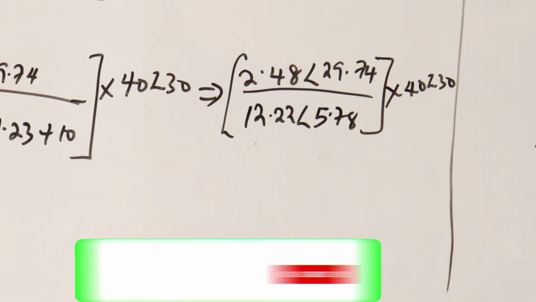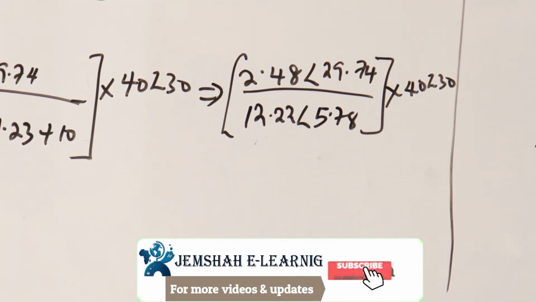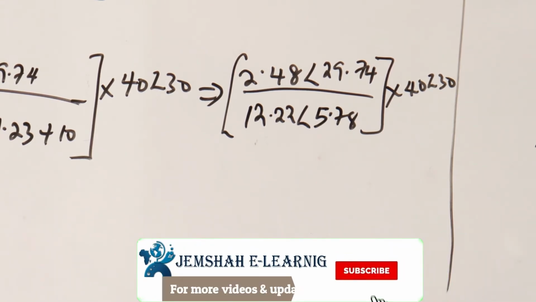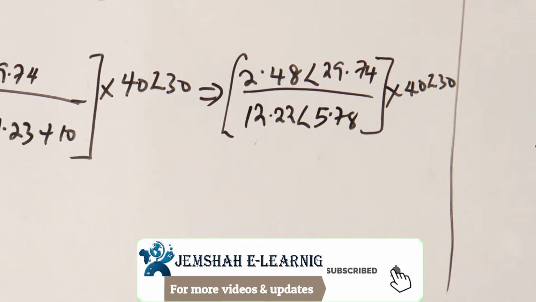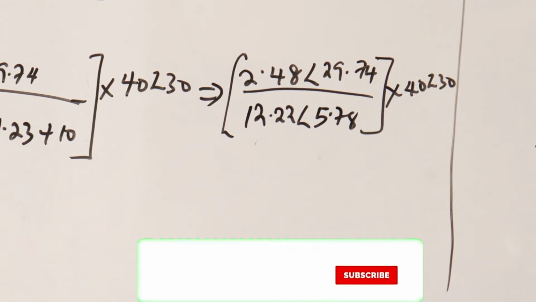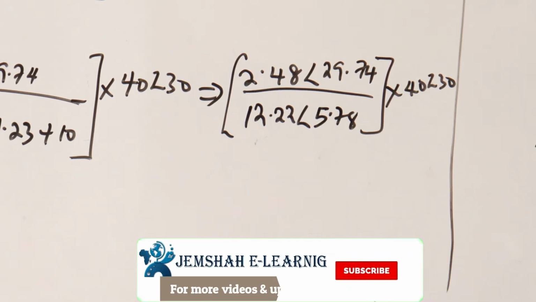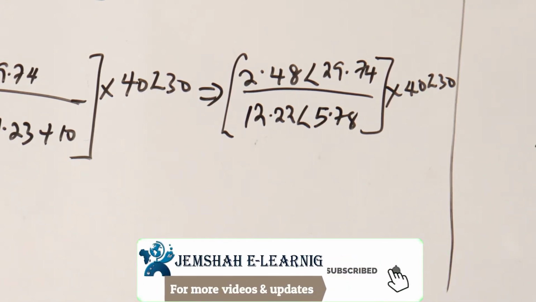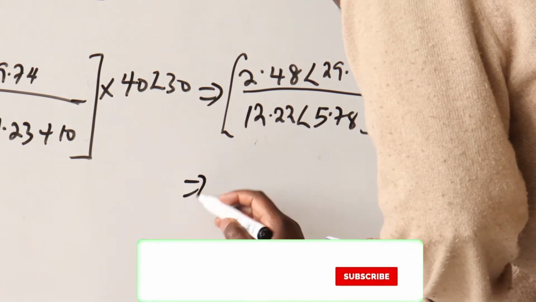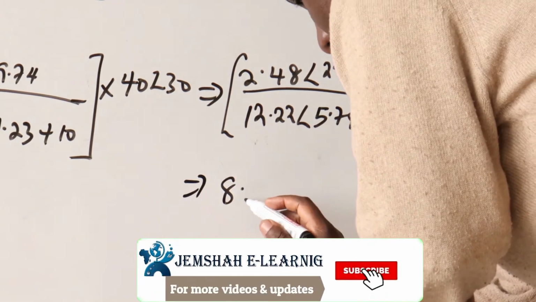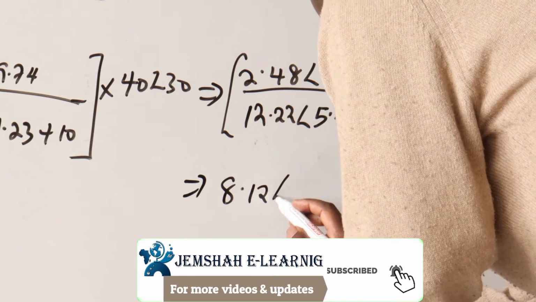So when we divide the two, 2.48 divided by 12.22, then multiplied by 40, we shall have our answer here as 8.12.